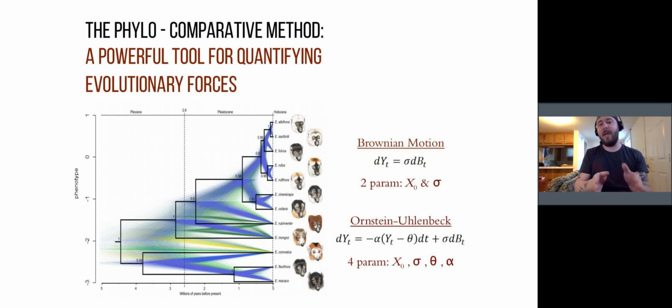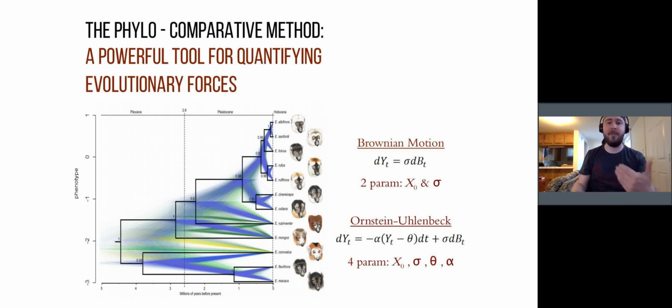Basically, we can take these branch lengths as proxies for time. If two species are separated for a longer time, they should have diverged more. If they haven't been diverged for a longer time, they should be more similar. So when you have an evolution tree, you can use this as a timestamp to test divergence between traits. If everything is neutral, trait divergence should be proportional to branch lengths.